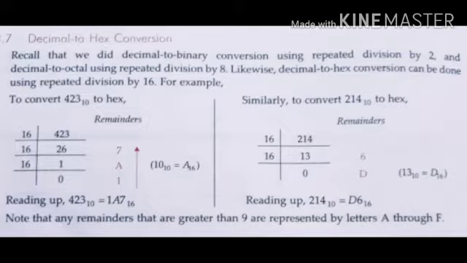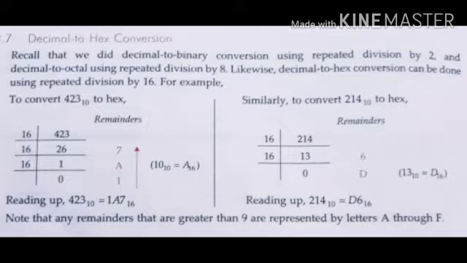One very important thing we have to keep in mind while converting a decimal number to hexadecimal is that the remainders we record will be 0, 1, 2, 3, 4, 5, 6, 7, 8, 9, and if they are 10, 11, 12, 13, 14, 15, then instead of 10, 11, 12, 13, 14, 15 we are going to write A, B, C, D, E, F, which are the equivalent hexadecimal values.